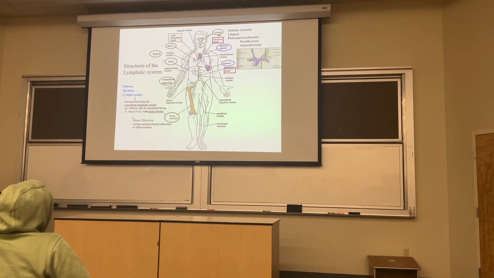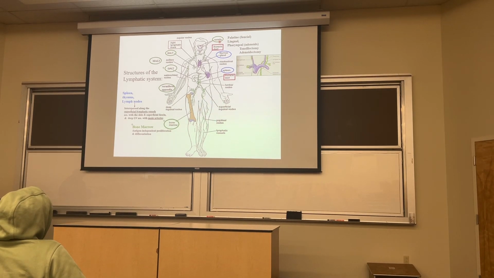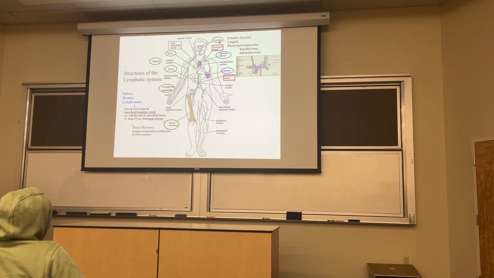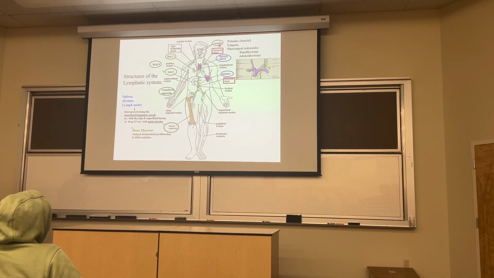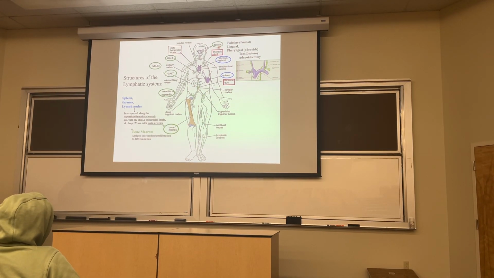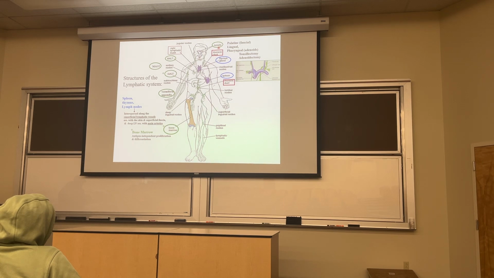Now, we have some accessory lymph organs that are also somewhat closely or loosely associated with some of the tracts and ducts. We have the tonsils, and we'll look at the main tonsils.